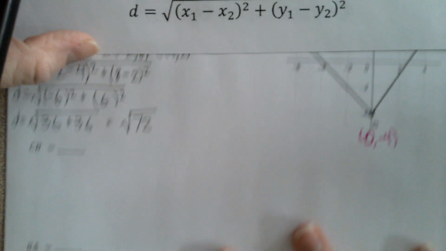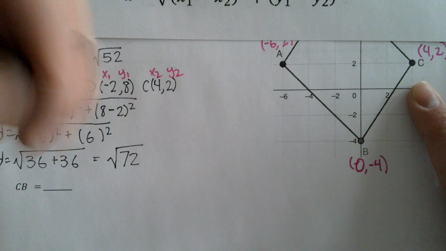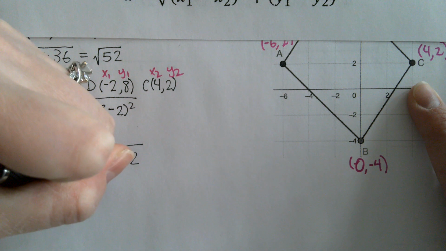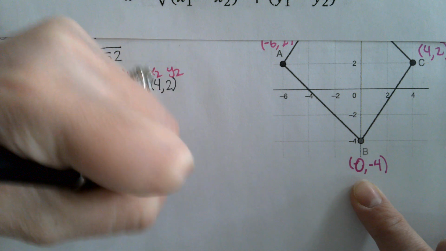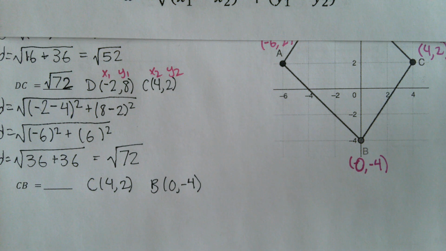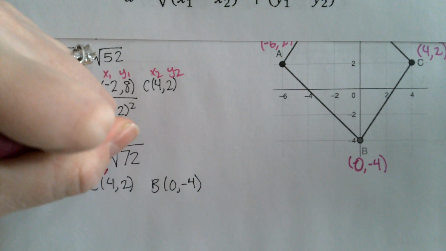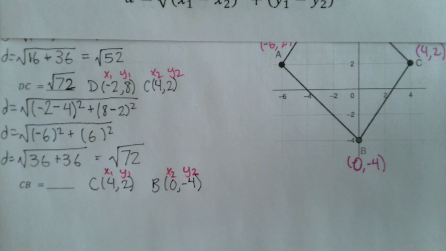Oh, I need to uncover these so I can get my points real quick. CB, C is 4, 2. And B is 0, -4. Step 1, we label x1, y1, x2, y2.